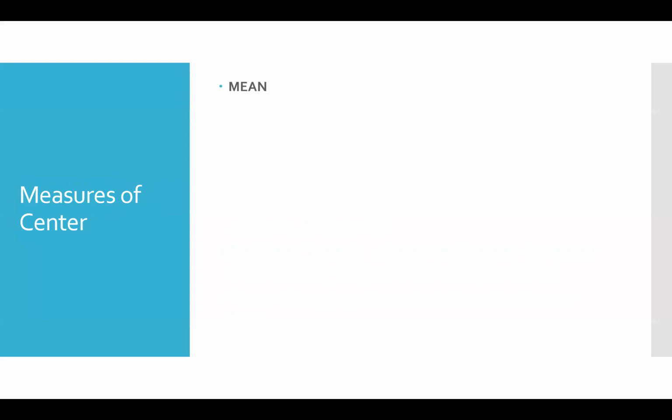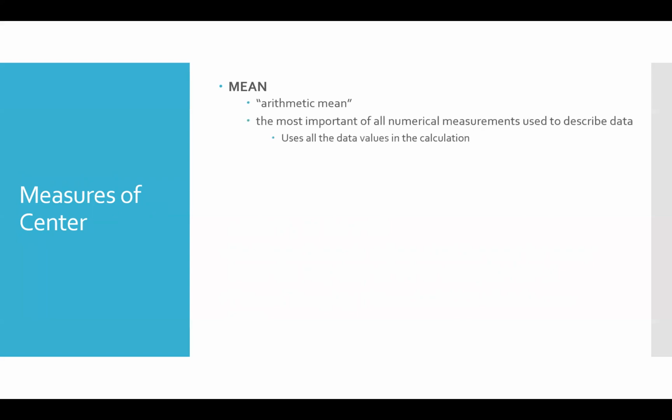You have the mean, which is what most people refer to as the average. It is the most important of the three measures of center because it is the only one that uses all of the data values in its calculation.